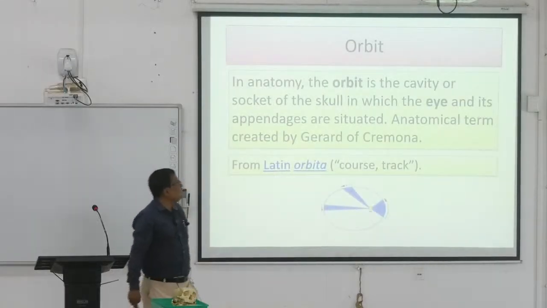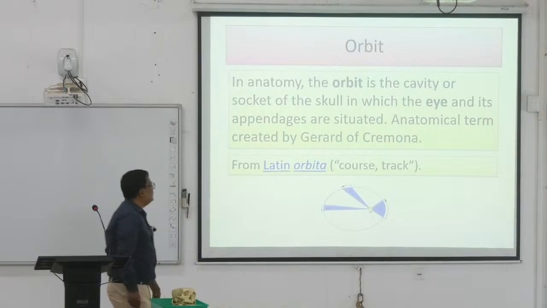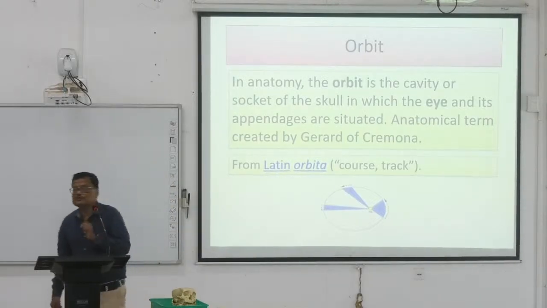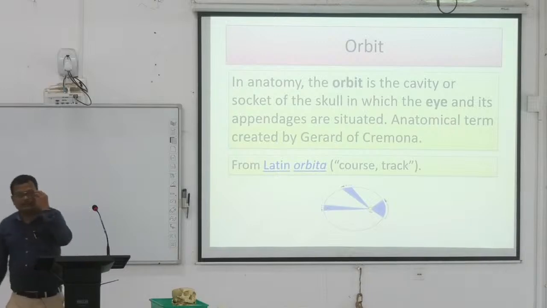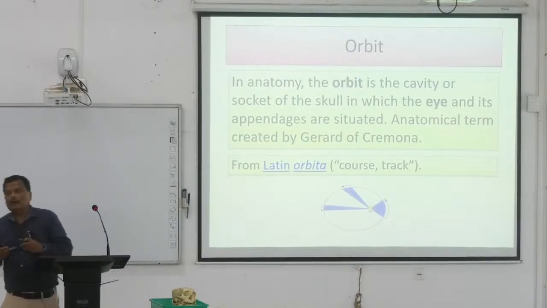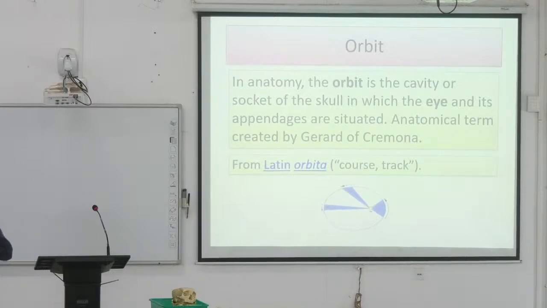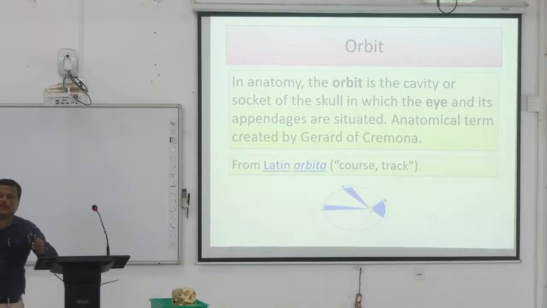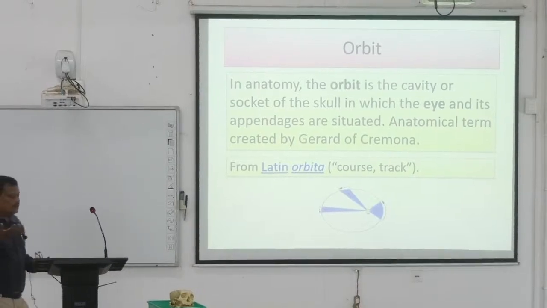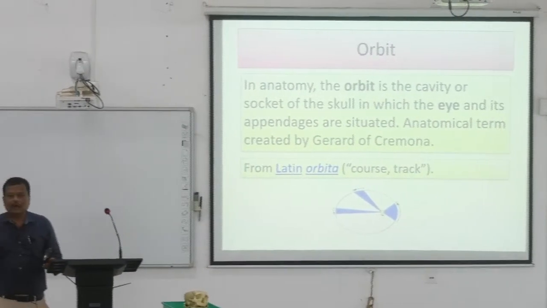So in anatomy, the orbit is the cavity or socket of the skull in which the eye and its appendages are situated. Eye and its appendages. What does that mean? By eye we understand the eyeball. Appendages mean the many other structures in the orbit that help in the movement and in vision; we call them appendages: lacrimal gland, fascia, nerves, fat.